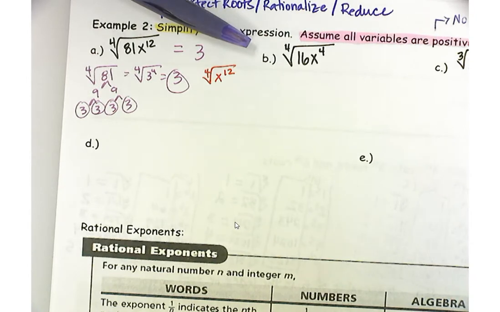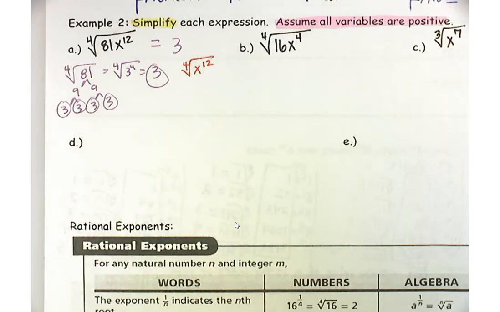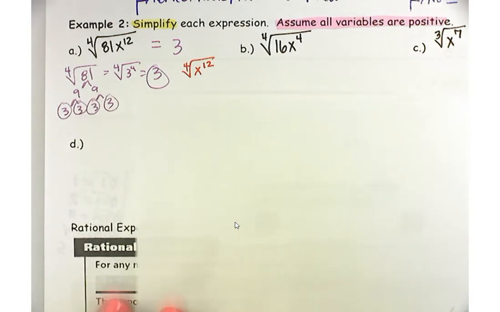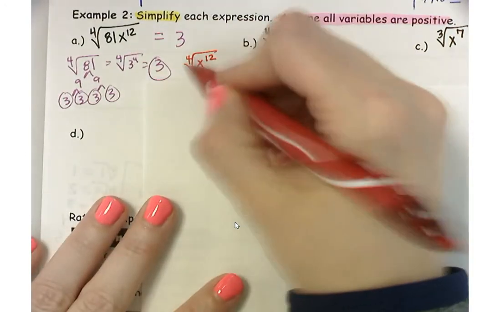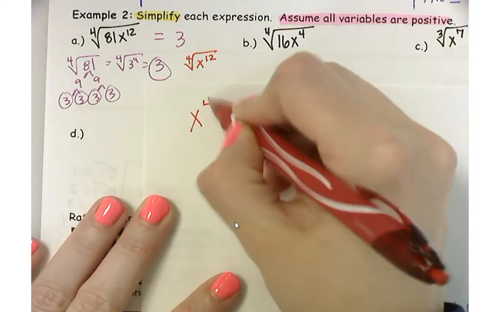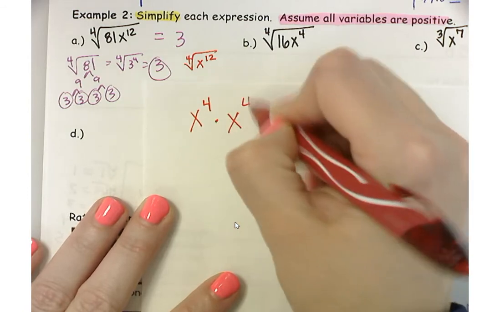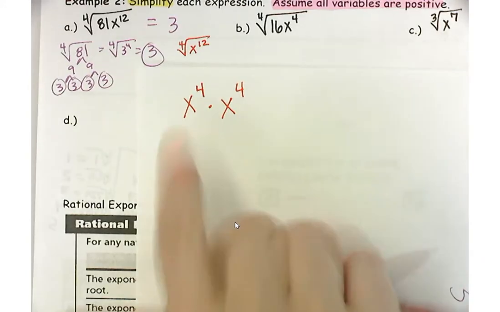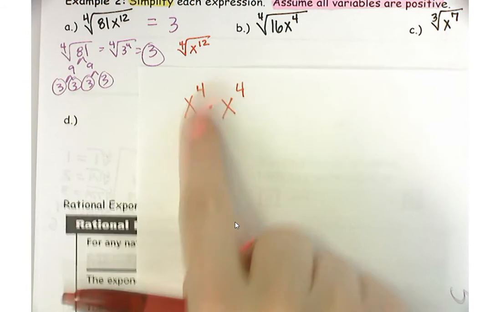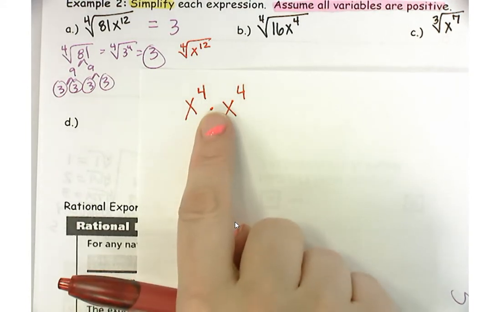So if I rewrote it like that, remember, this is all under the fourth root. So it's like I have the fourth root of x to the 4th times the fourth root of x to the 4th times the fourth root of x to the 4th, which when these simplify, I'm going to get x times x times x, which is what? This is going to be x cubed.